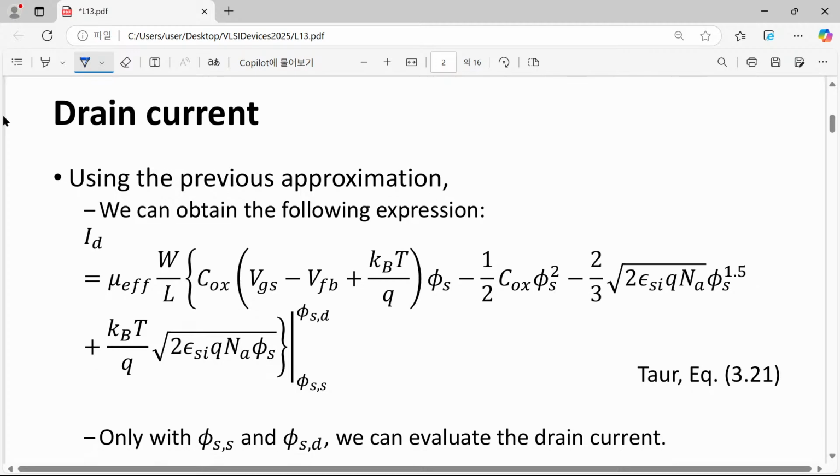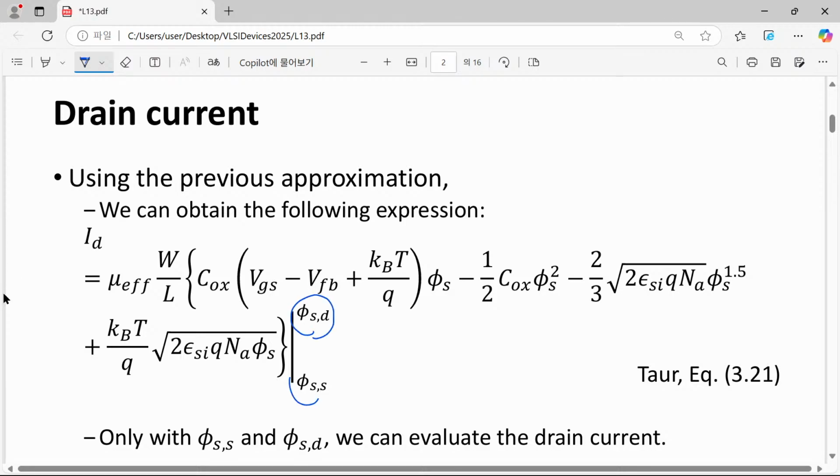Okay, so this was the simplified form of the drain current. It already looks quite complicated, but compared with the Pao-Sah double integral, it is much simpler.